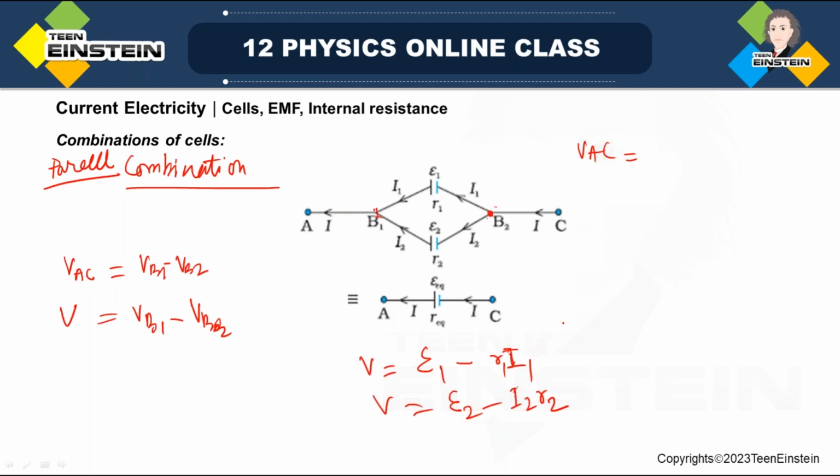Okay, so from here we can actually find out, see, the one more condition is that at this junction, I is equal to I1 plus I2.